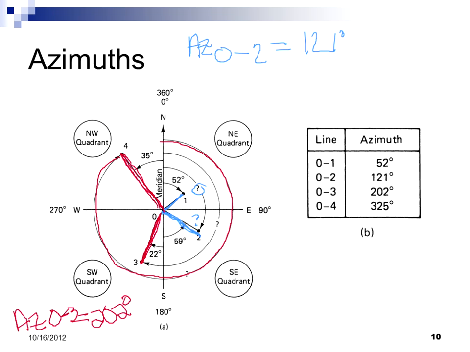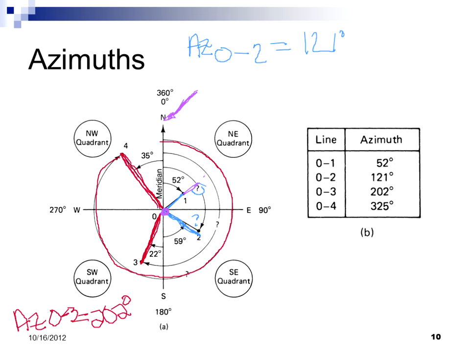Let me back up a second. The intent of these azimuths and bearings is, again, direction. If you know that this line here is your meridian, your starting point, your known reference point, and someone were to tell you to put in a line at an azimuth of 52 degrees, you would know exactly where you were headed.